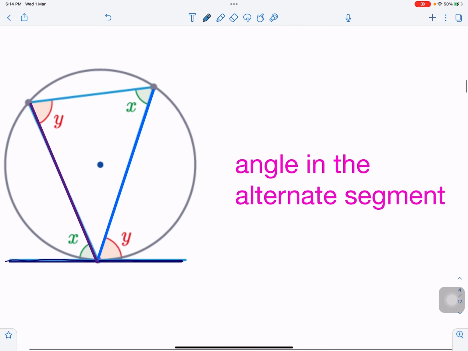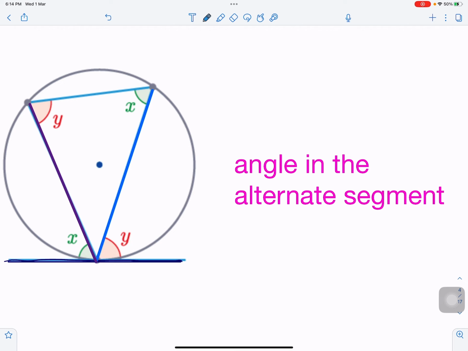Let's see angles in the alternate segment. This is where students usually make mistakes. Suppose I take a tangent here, and from the point of tangency I draw a chord.